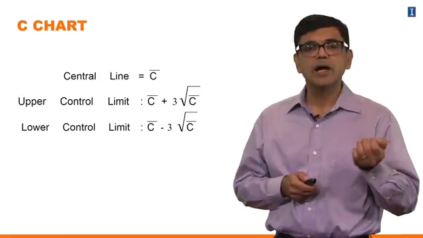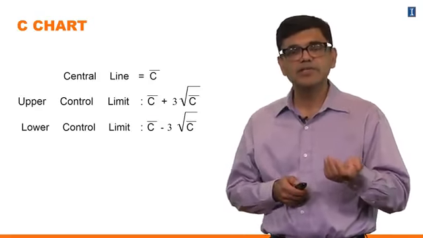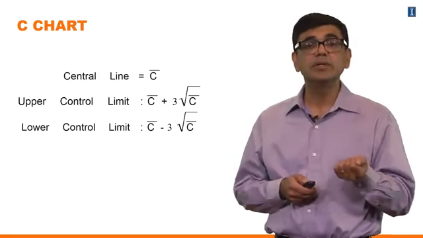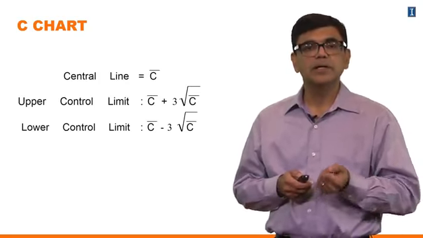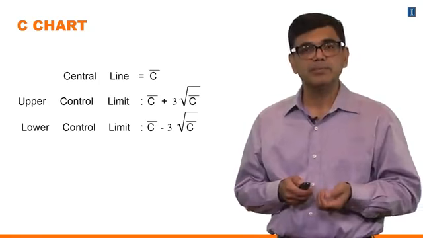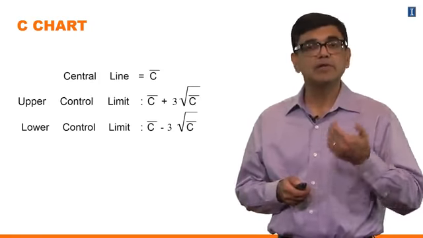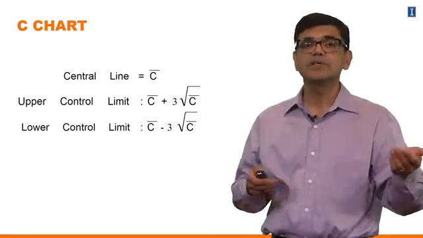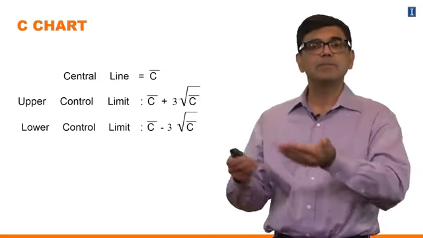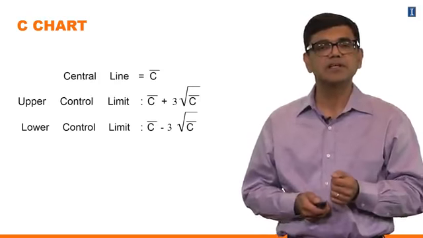For the C chart, the center line is simply the mean of all the defects that you found in all of the samples. You're going to take an average, and we had 20 samples, so the total number of defects divided by 20 gives us our center line.